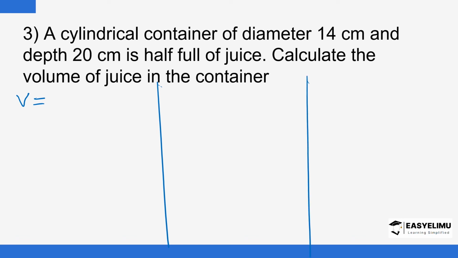So the volume that we are looking for will be half pi r squared h. So this will be half times 22 over 7. So what's the radius? So radius will be 7. So 7 by 7 times 20.